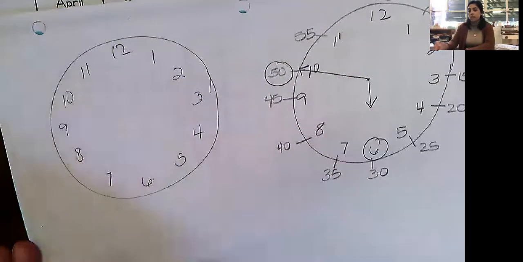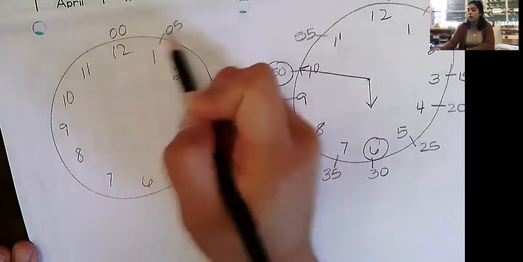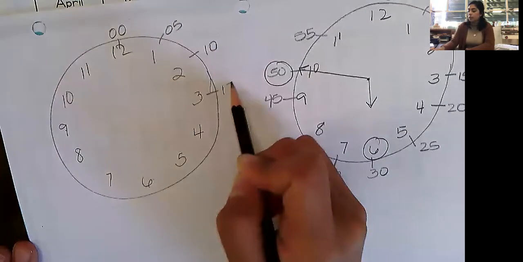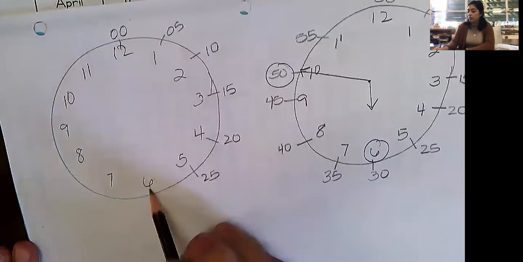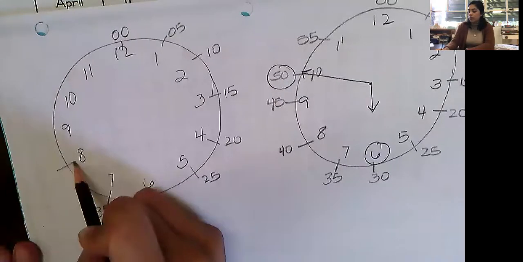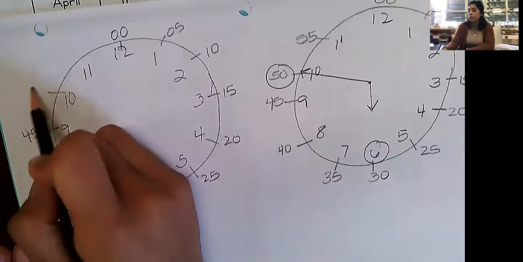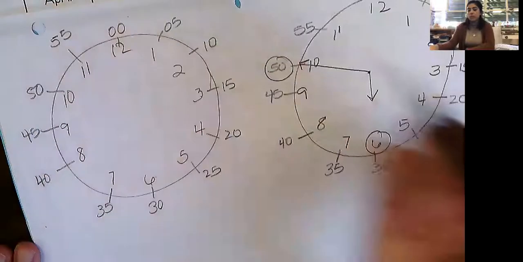Let's write the minutes on the outside. 0, 5, 10, 15, 20, 25, 30, 35, 40, 45, 50, and 55, 60.